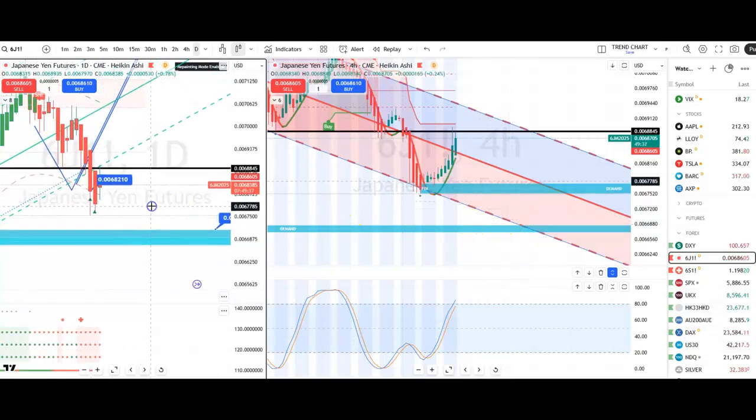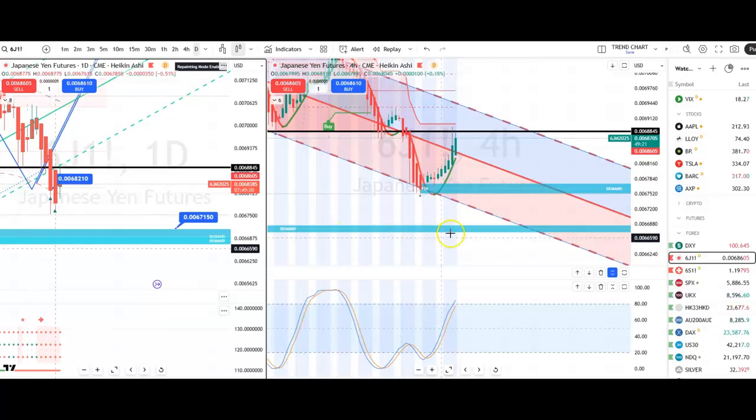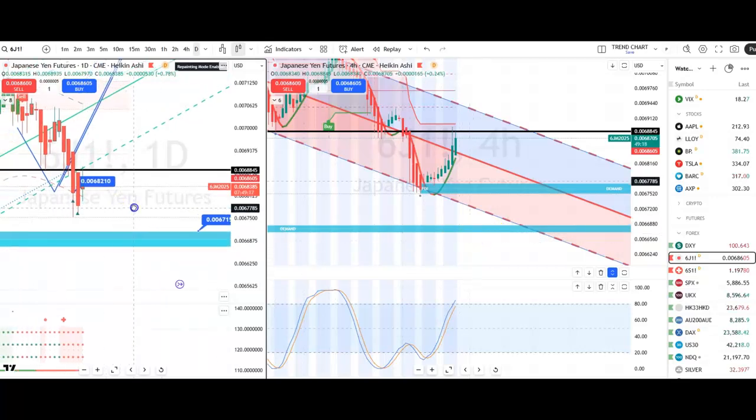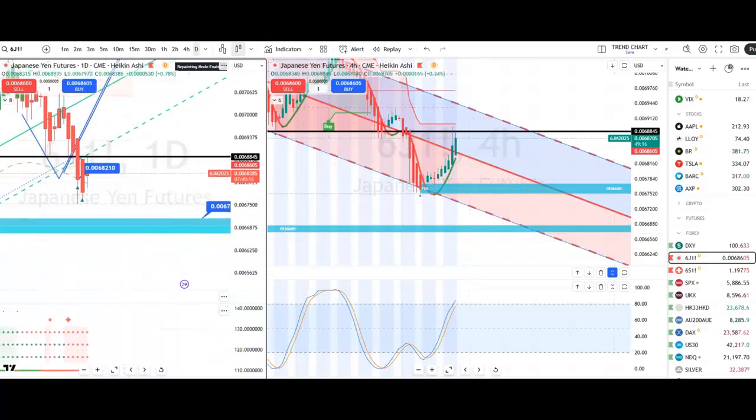Now what that means in terms of correlation, we don't trade the yen futures, of course. We do trade the yen pairs. And the correlation is that once this price starts to move back down to 67.15 or thereabouts, remember this is a demand area. It can move anywhere in between this area here before it bites or gets taken out completely.